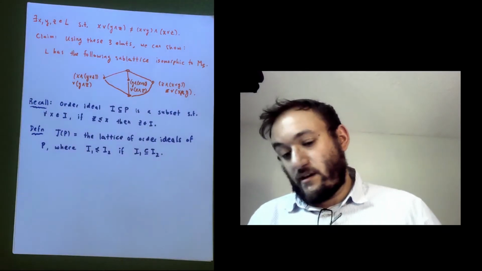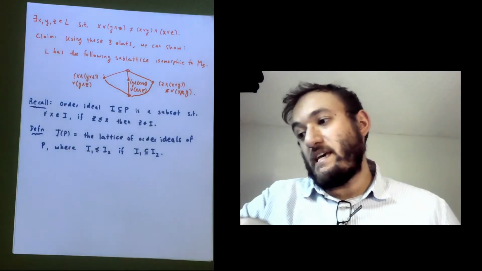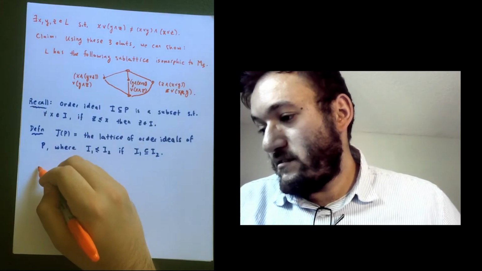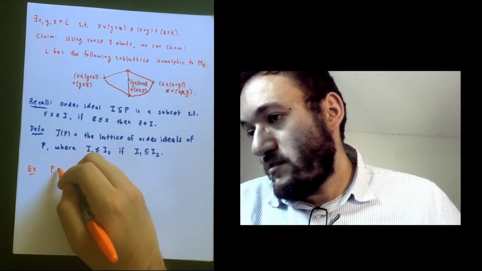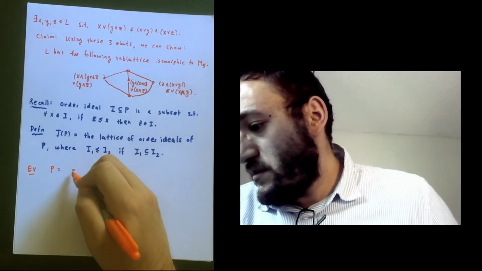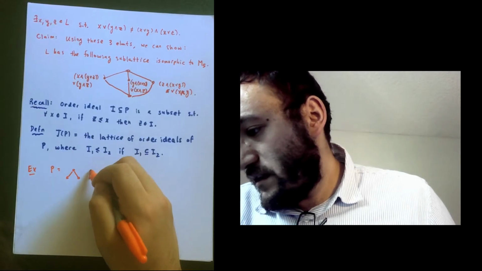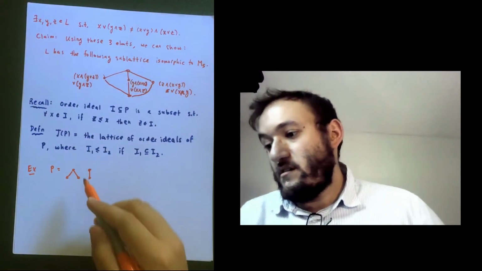Perhaps we should do a quick example. So let's take P equal to this together with this. Okay, it's an arbitrary poset.